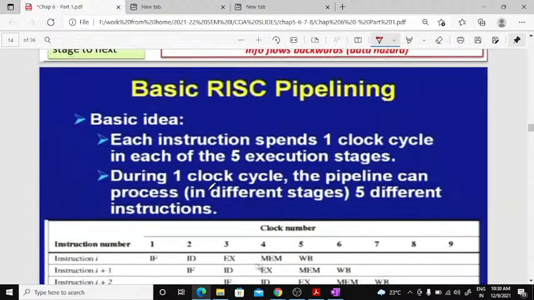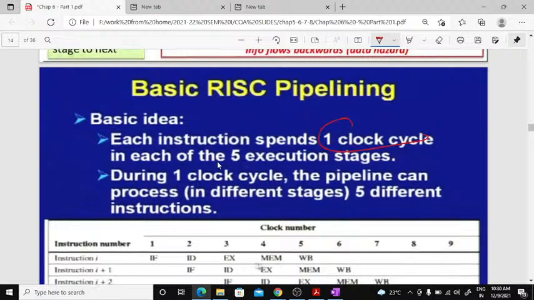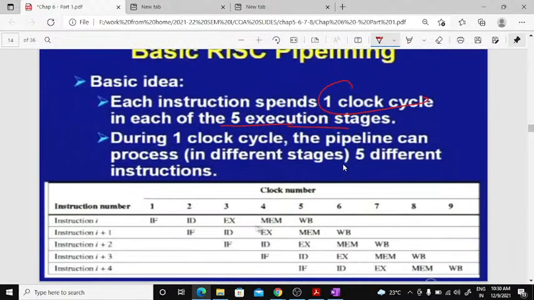So the basic idea: each instruction spends one clock cycle in each of the five execution stages, and during one clock cycle the pipeline can process five different instructions.